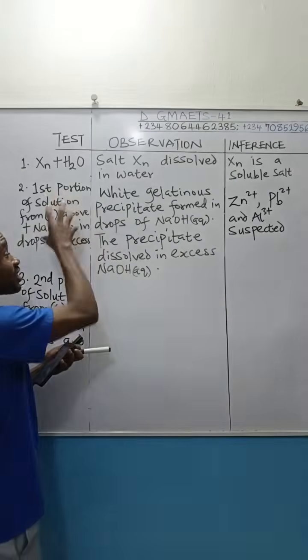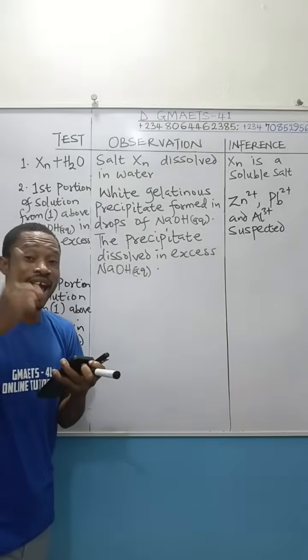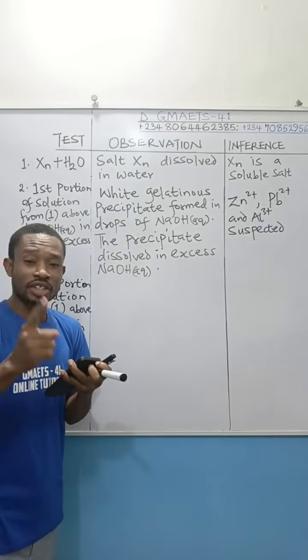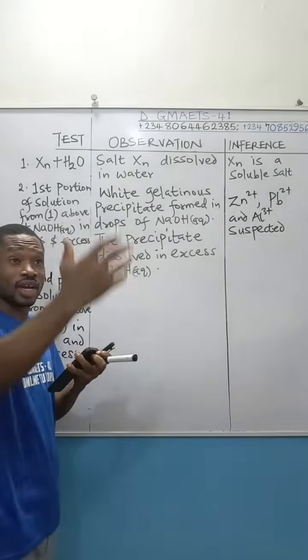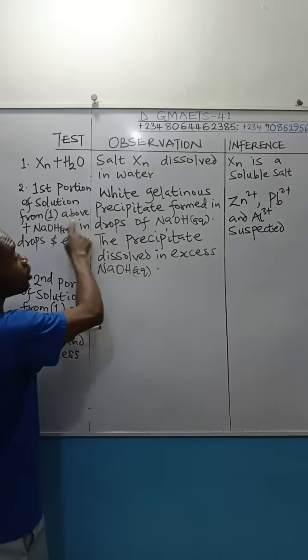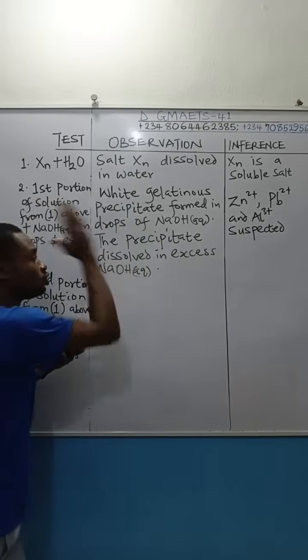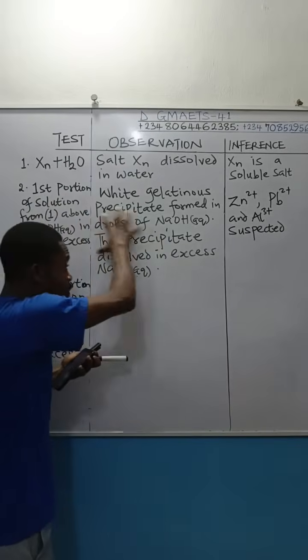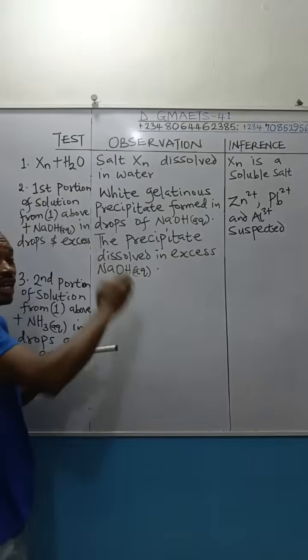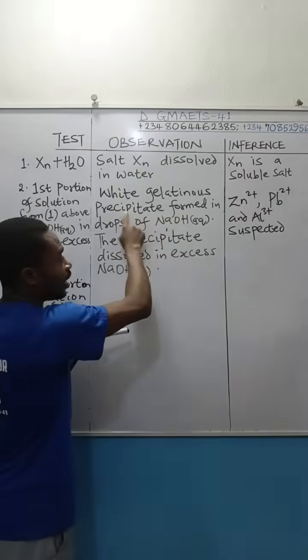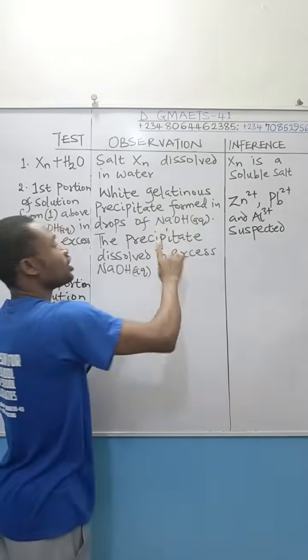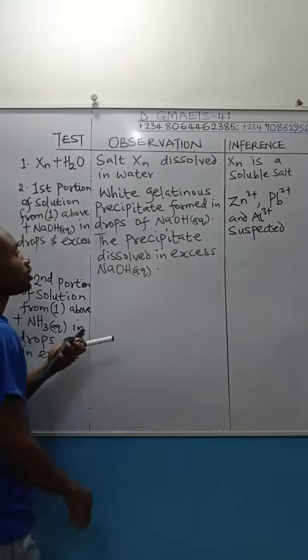If the cation in this salt XN is not calcium ion, which I told you already, and if it were calcium ion, as we carry out the experiment with sodium hydroxide from there, you would even know it is calcium. With this, you will know that the cation in XN is calcium. Why? The white precipitate formed here will not be gelatinous.